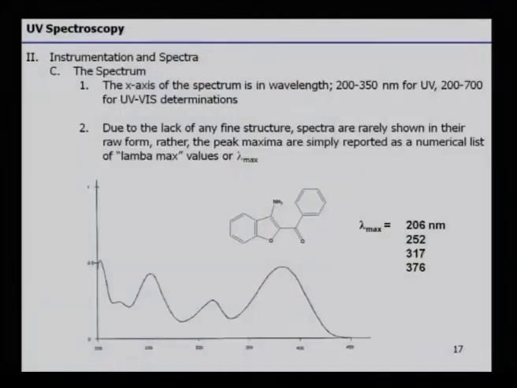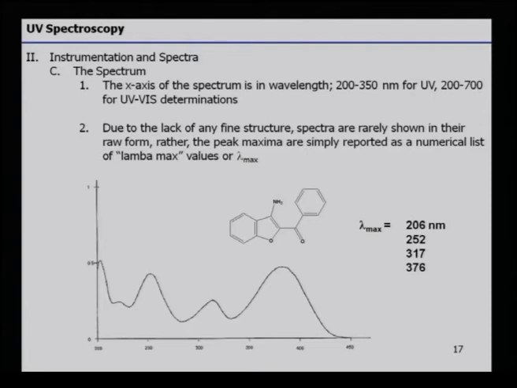Now, in a typical spectrum, the x axis is the wavelength, between 200 to 350 nanometers for UV and 200 to 700 nanometers for the entire UV-visible determination. Due to the lack of any fine structures, spectra are rarely shown in their raw form.